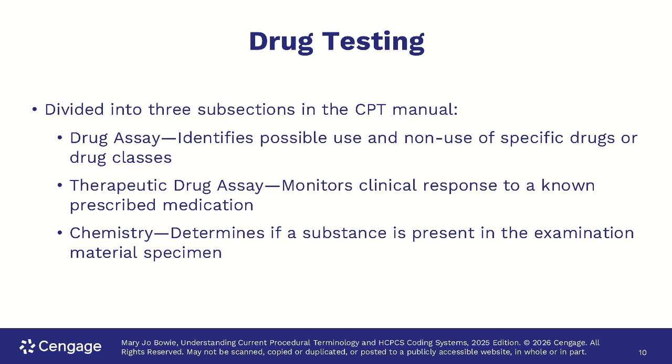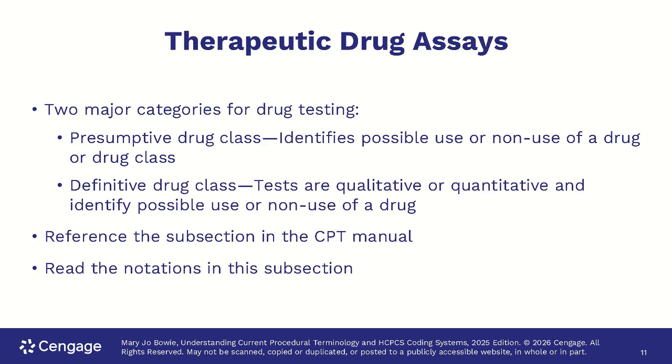And so, for these three areas, I think one thing that you need to know is that with drug testing, they are looking at is that substance in the body, how much of it is in the body. So, for drug assays, there are two major categories.